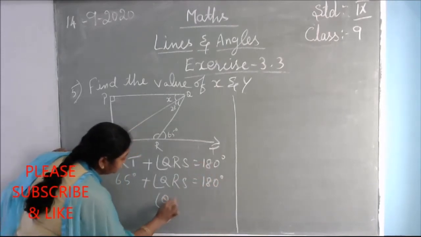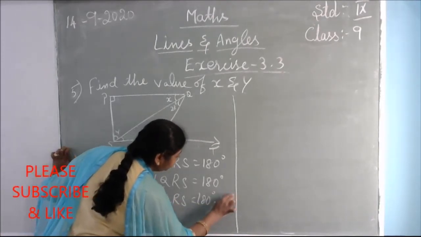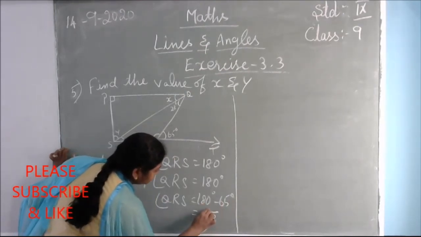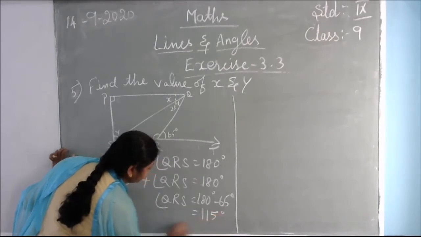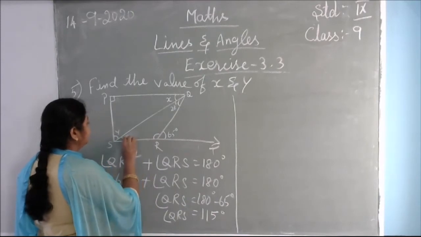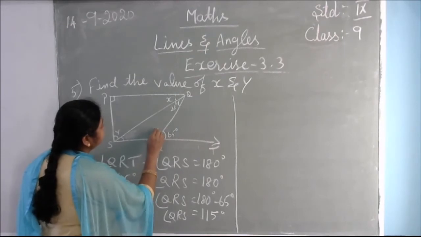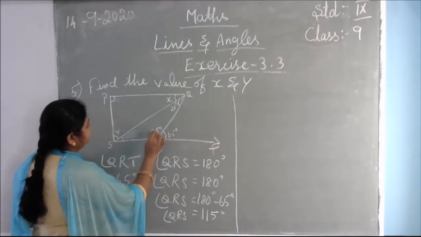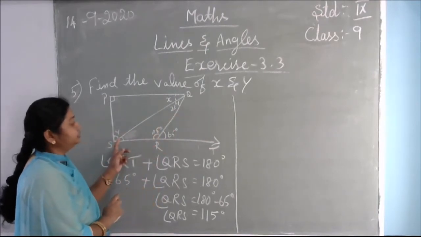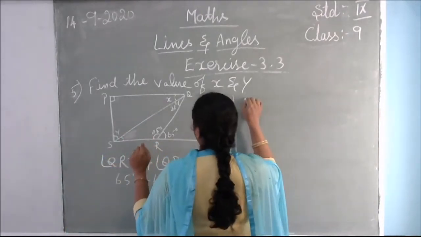Now angle QRS equal to 180 degrees minus 65 degrees is equal to 115 degrees. So this one is 115 degrees. Now this angle you know and this angle you know, and it will be easy for you to find out this one.